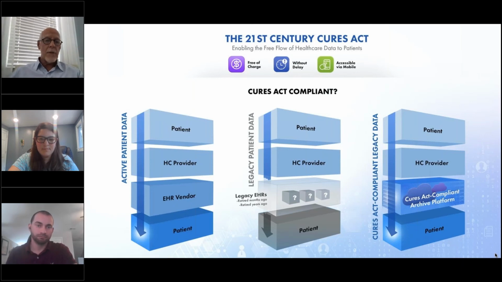So imaging environments, cath lab movies, those types of things, are ultimately going to be required to be exchanged between healthcare providers, as well as potentially delivered to a patient requesting that information.